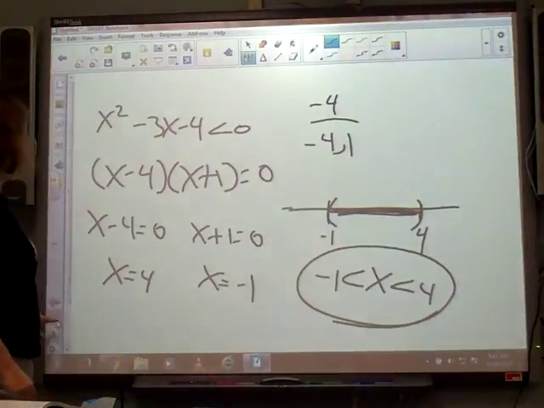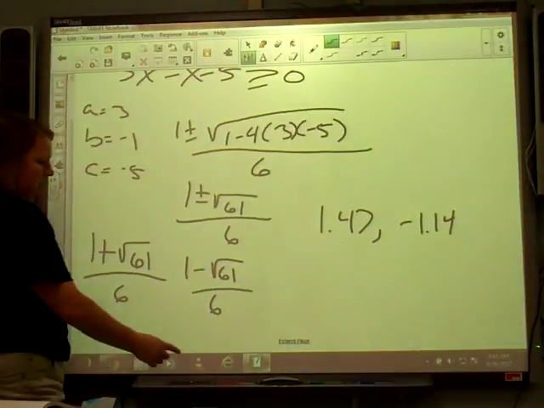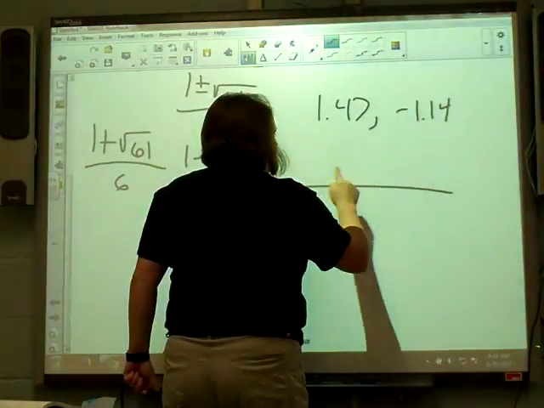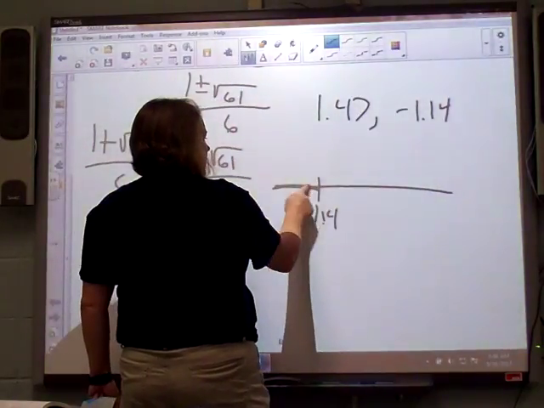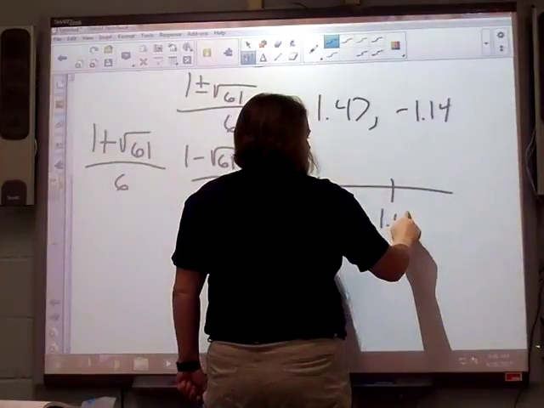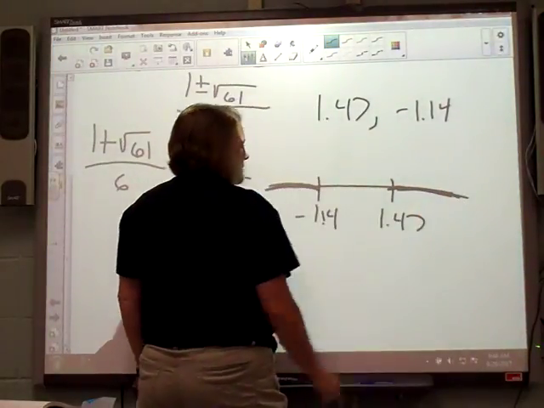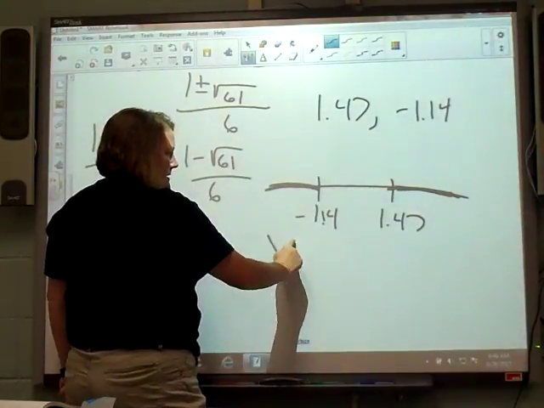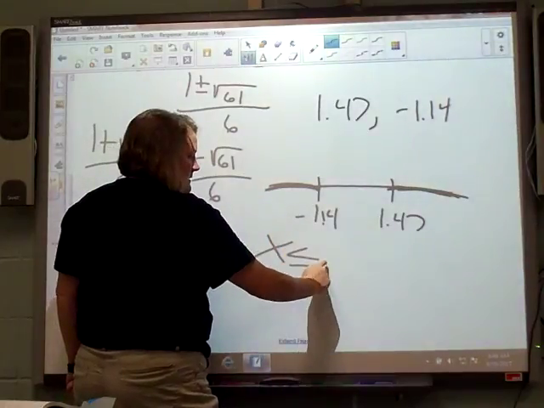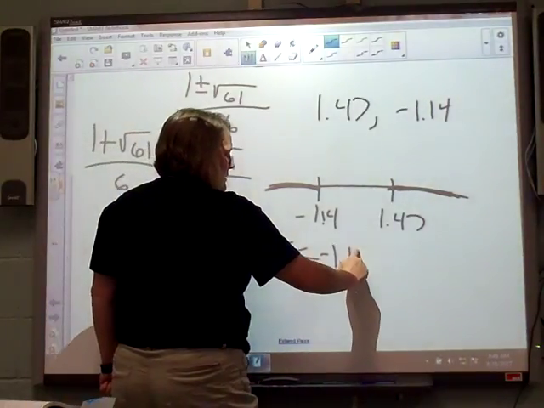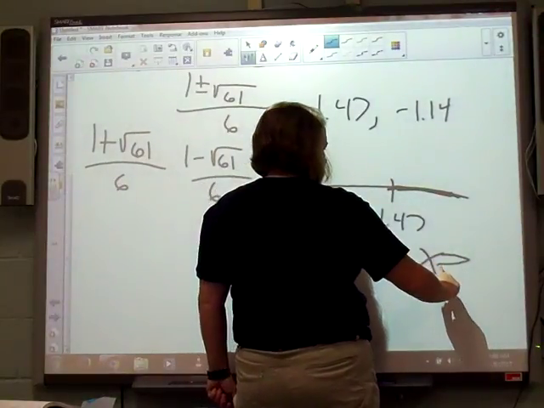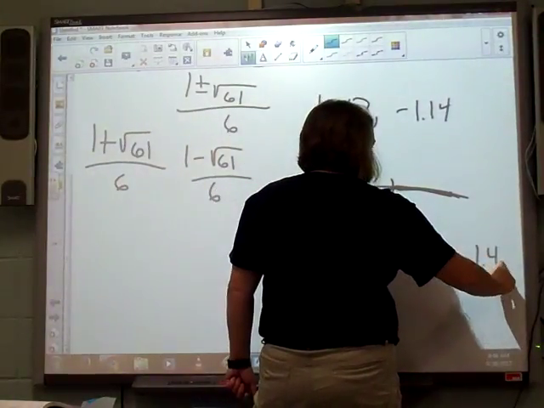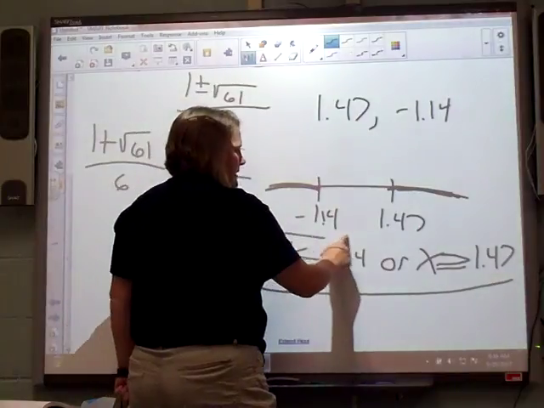So if I put that same concept here on this number line, here would be my negative 1.14, and outside would go that way, 1.47. So x has to be less than or equal to negative 1.14, or greater than or equal to 1.47, and that would be it.